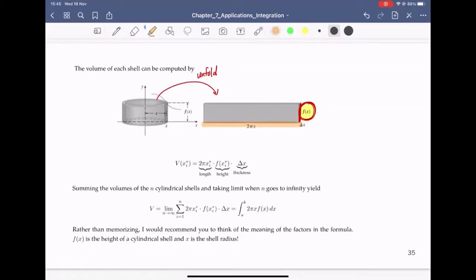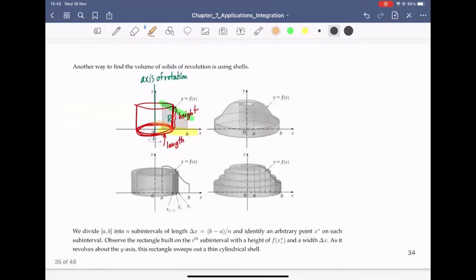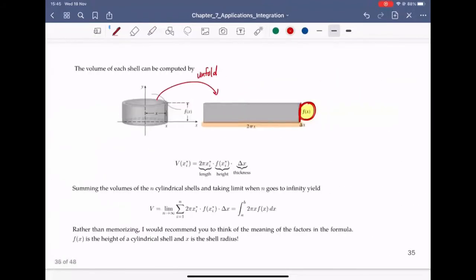Where does it come from? It comes from here. You have the radius r, and then you just unfold it. That length is going to be the circumference, which is 2 pi times the radius. Your radius is x here because the axis of rotation is the y-axis.